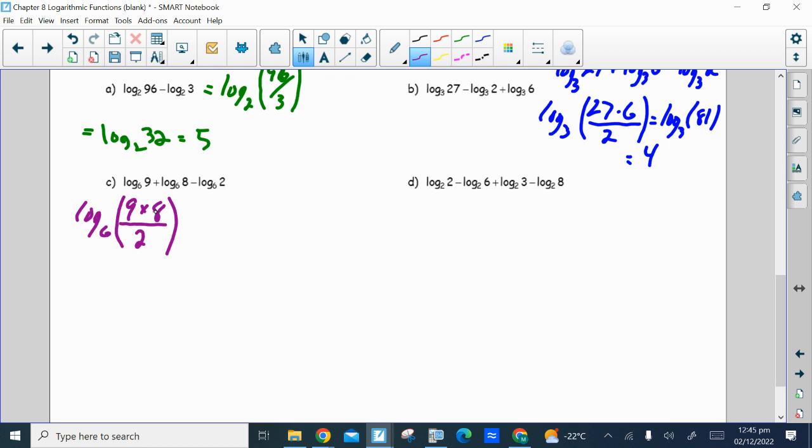So 2 goes into the 8 4 times, 4 times 9 is 36. So this will be log base 6 of 36. So that's the first part of the question. We've written it as a single log. And log base 6 of 36 is asking 6 to what power is 36? The answer is 2.